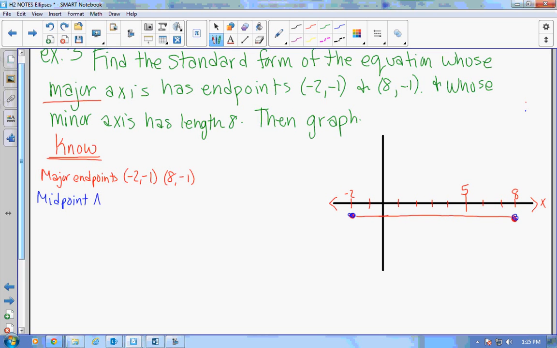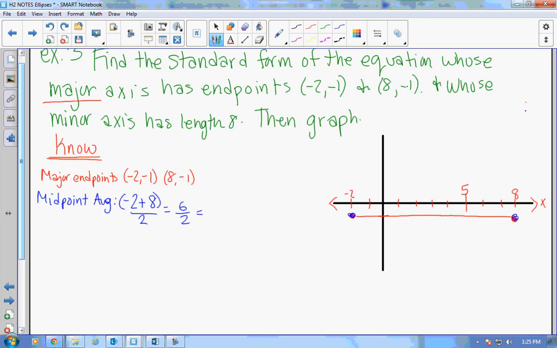we're going to average. What does average mean? -2 and 8. How do we find an average if we have -2 and 8? Add them up, divide by 2. -2 plus 8, and divide by 2. So we'll need to do the numerator first. -2 plus 8 is 6.